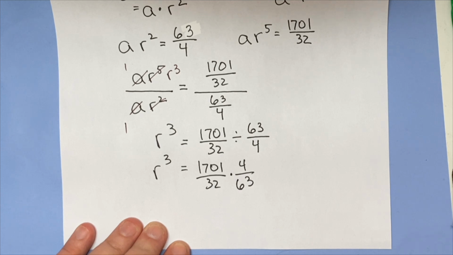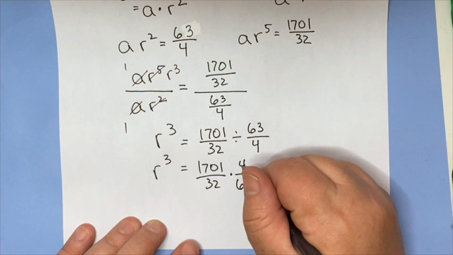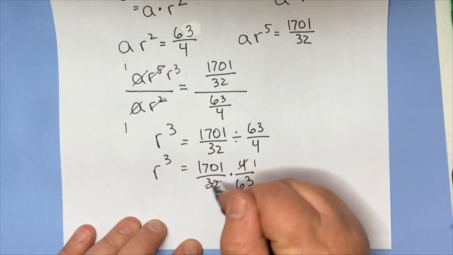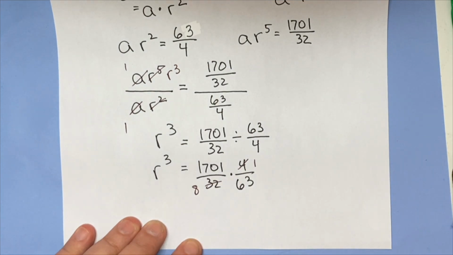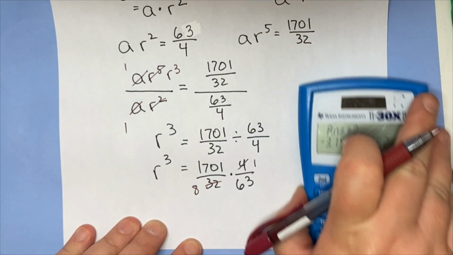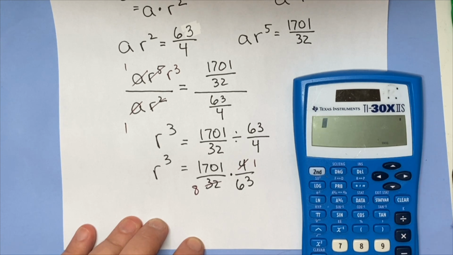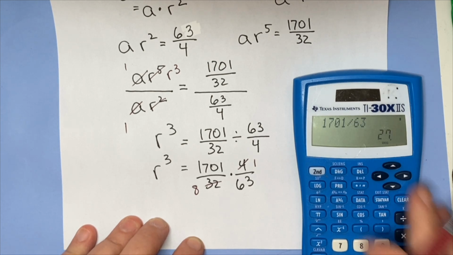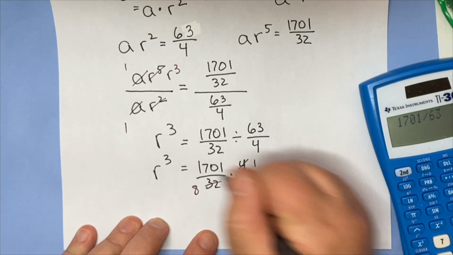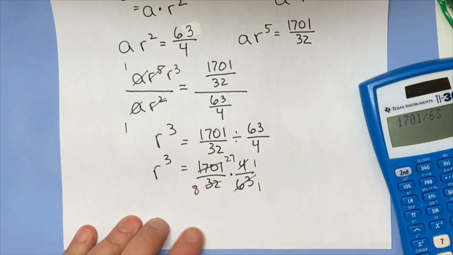Okay, so now let's see what we can do. I know that 4 goes into 32 and leaves 8. I do not know about 63 and 1701, so let's see. 1701 divided by 63, does it go in? Yes, it does. And we end up with 27.